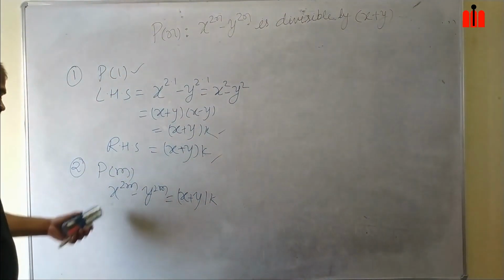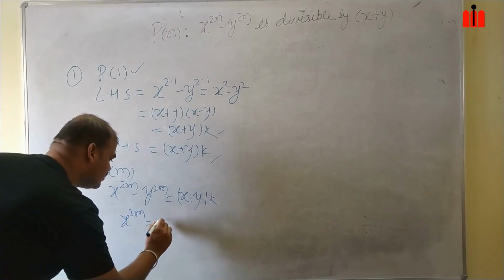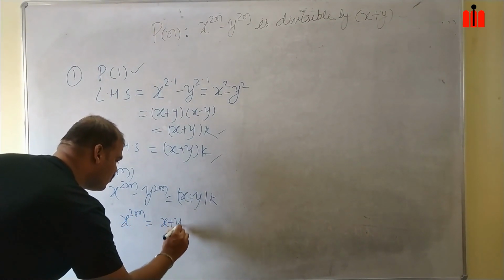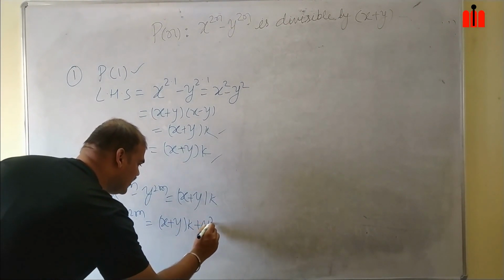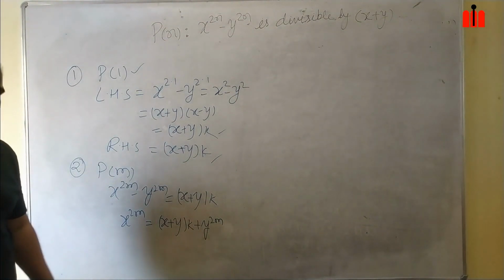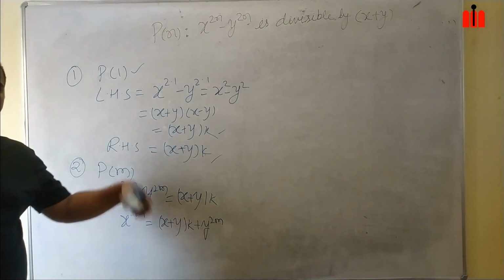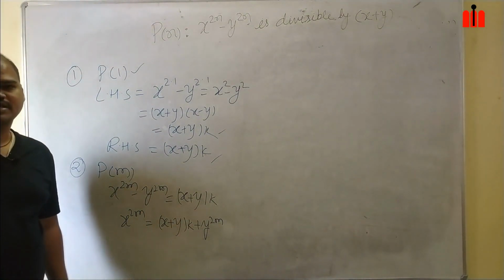Okay, I will further write my x to the power of 2m as x plus y k plus y to the power of 2m. Why have I written this x to the power of 2m? Because I want to substitute x to the power of 2m in my Pm plus 1 statement. That's why I have written this statement.